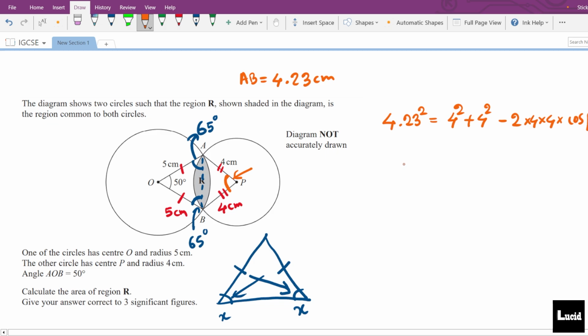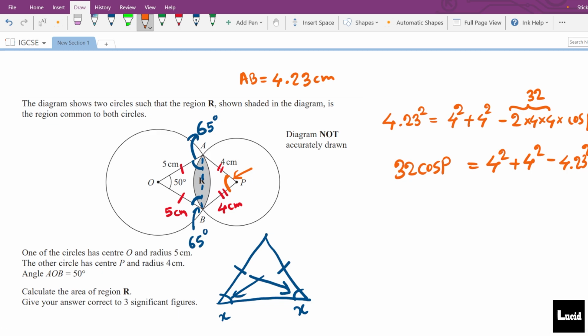Now let's simplify. When you simplify this part, you get 32. You take it to the other side. Now you have 32 cos P equals 4 squared plus 4 squared minus 4.23 squared. You can use the calculator to simplify this, and you get 14.1.